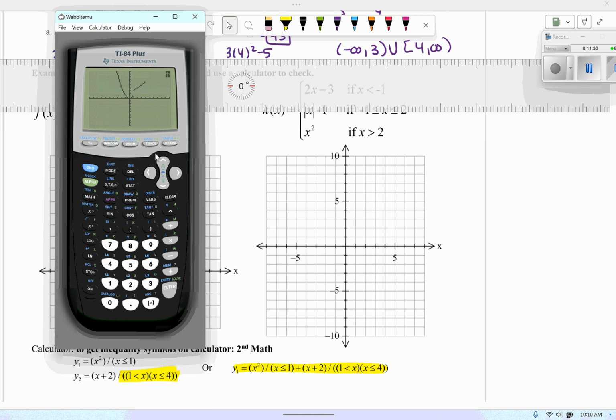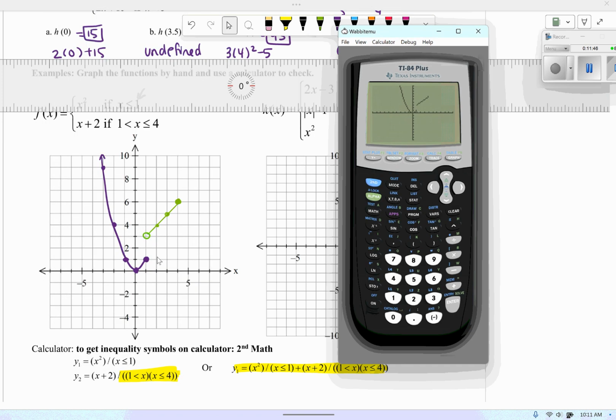And then this one's nice because when you go to your table, it'll just kind of go through. It doesn't show you which equation is which, it just kind of goes through. But again, this one you'd have to be careful because at that turning point of an x value of 1, notice that it gives you 1, 1, but it doesn't tell you that right here you're starting at 1, 3.